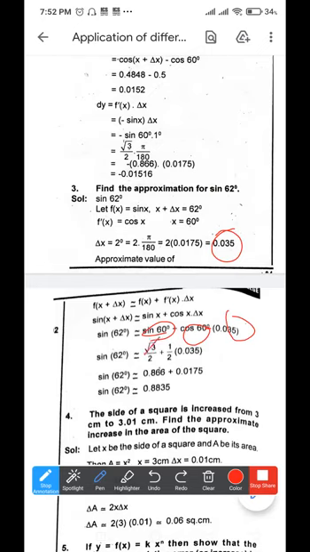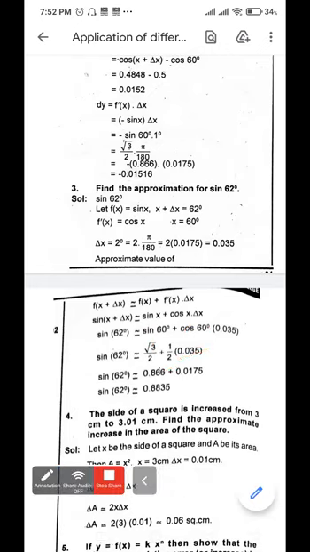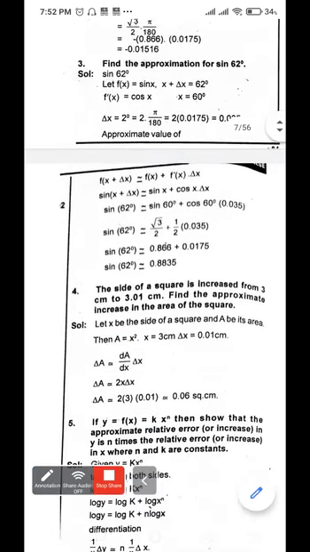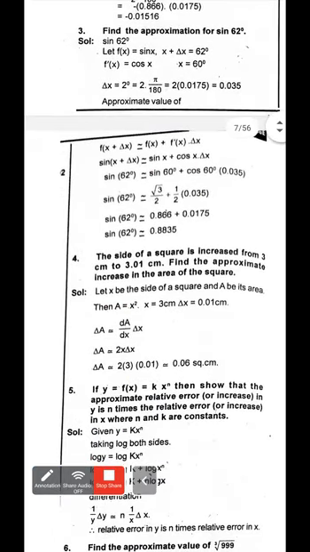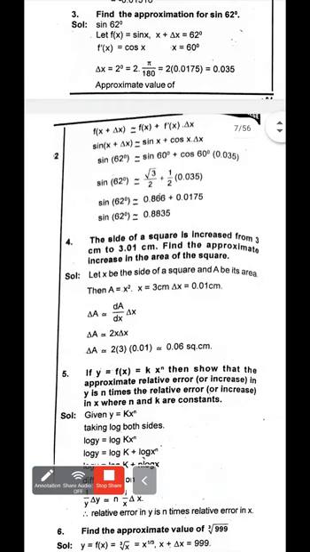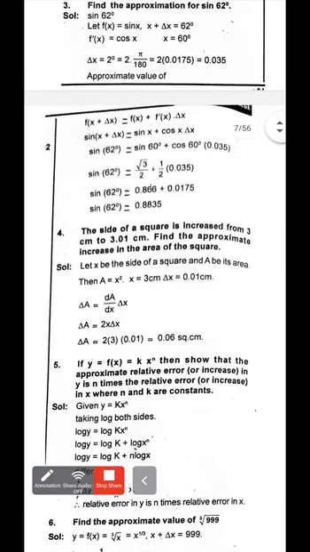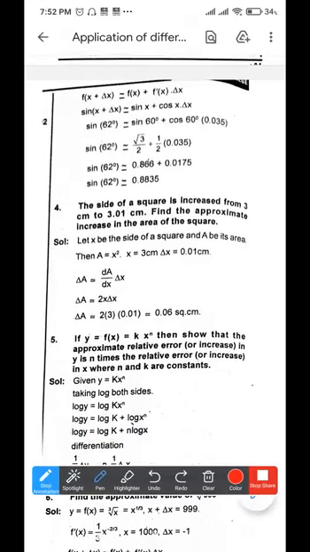Cos 60 is equal to 1 by 2. And delta x is 0.035. Then multiply these two and add. We will get the final answer. All right. I hope you have understood till here.